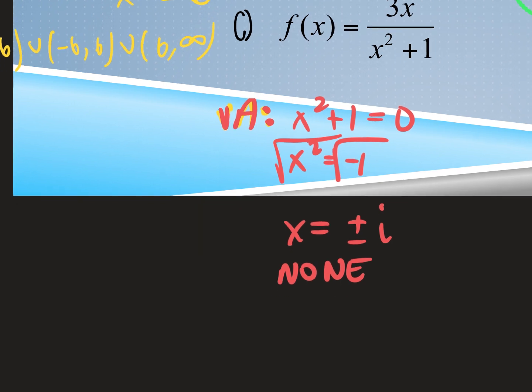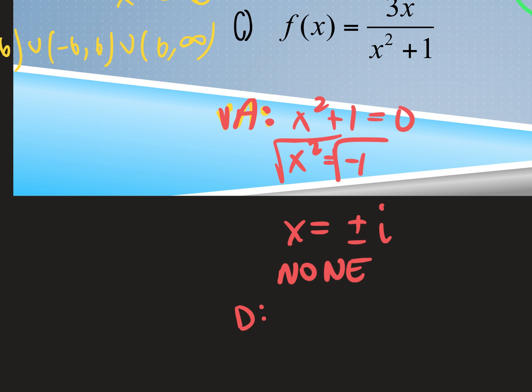Think about this. If you wanted to know the domain, remember, domain goes hand in hand with your vertical asymptotes, right? Domain means what number could I plug in here that would make my denominator 0? Well, you're squaring a number. If I have a positive number and I square it, I get a positive, plus 1. Will that ever give me 0? No. What about a negative number? When I square a negative number, it becomes positive, and then I add 1.